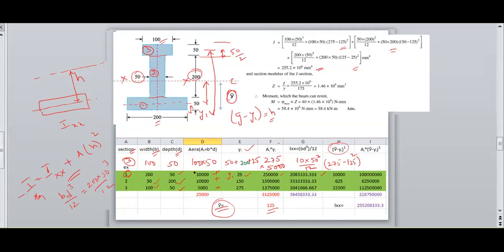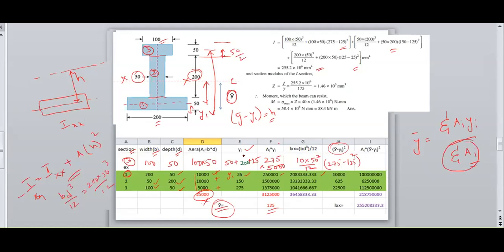I need to sum all the areas because the y bar has an equation of summation of AI yi by summation of AI. So I need the summation of all these cross-sectional areas. That is the value of this.